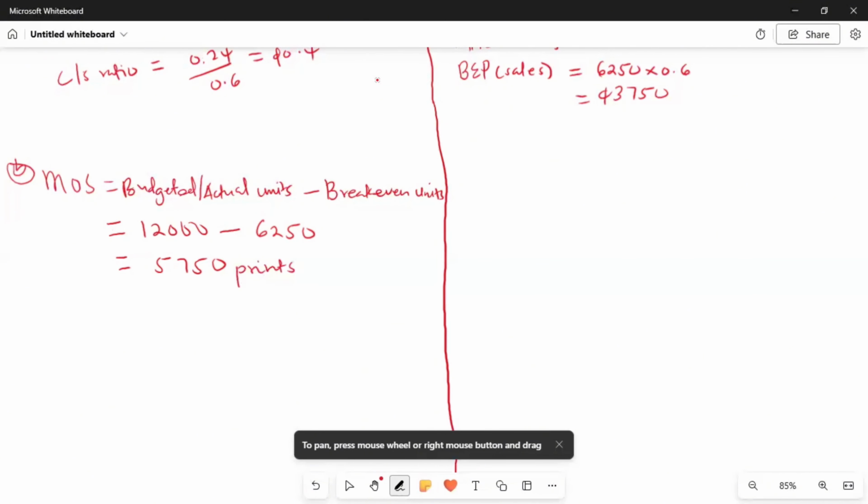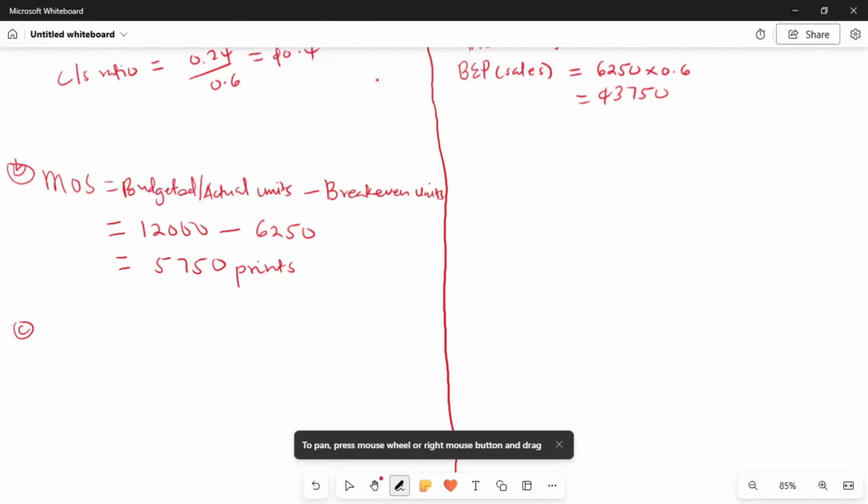So let's move to C. C is saying that we find a before tax profit of 1,800. It's just like saying find a targeted profit. So they are saying find a targeted profit of 1,800. And that one also has a formula.